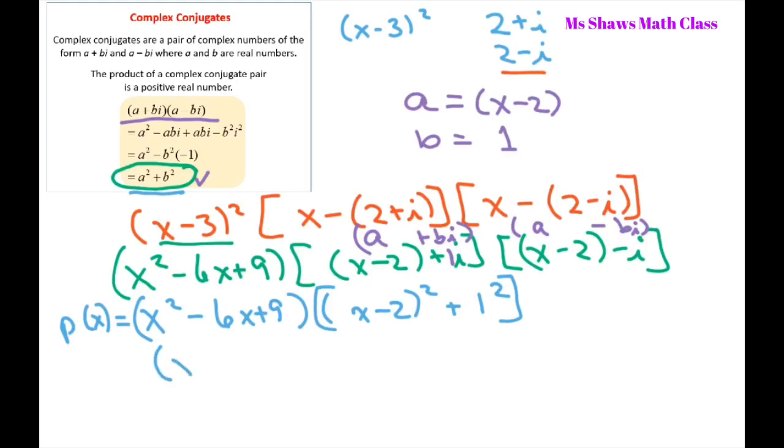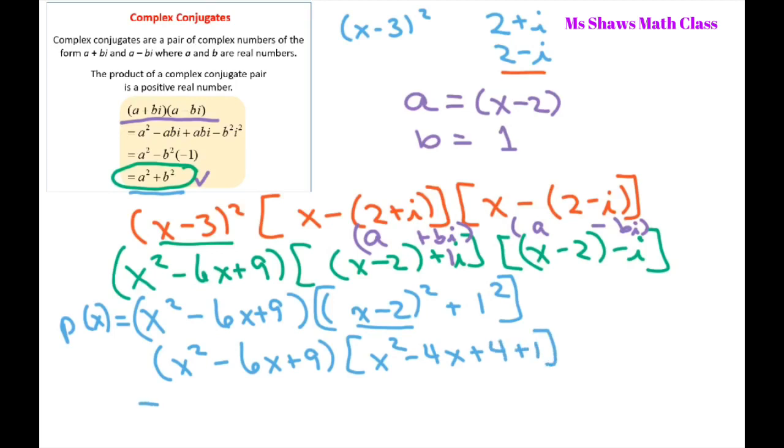And that gives you x squared minus 6x plus 9. And then this part right here is x squared minus 4x plus 4 plus 1. Finally, that gives you x squared minus 6x plus 9. And this would be x squared minus 4x plus 5.